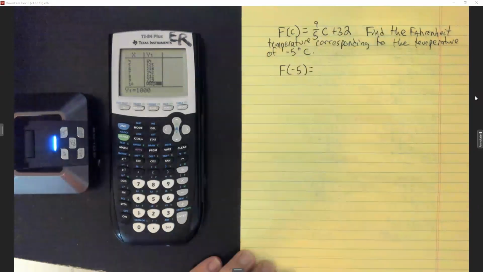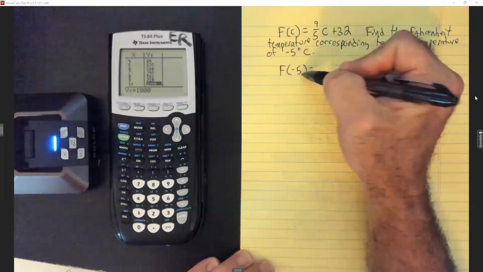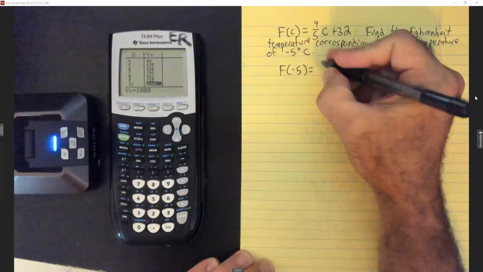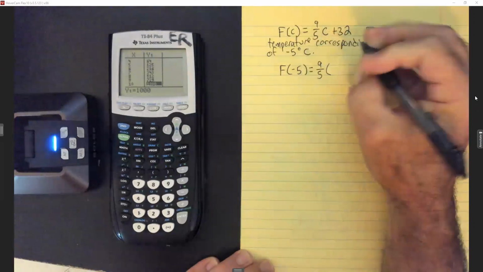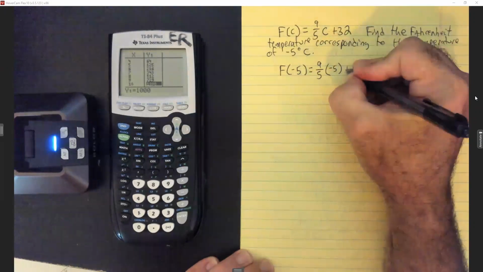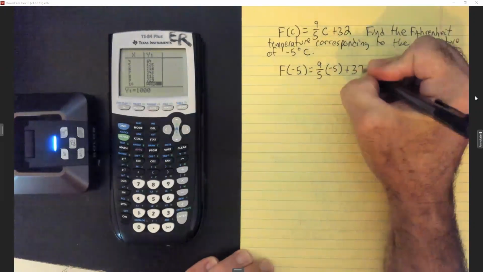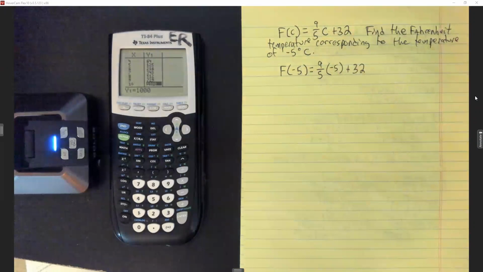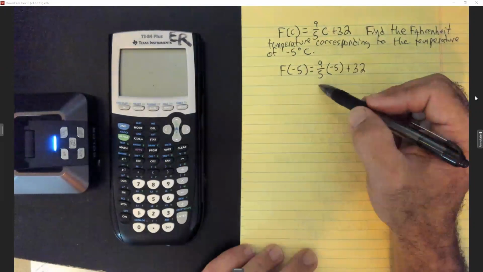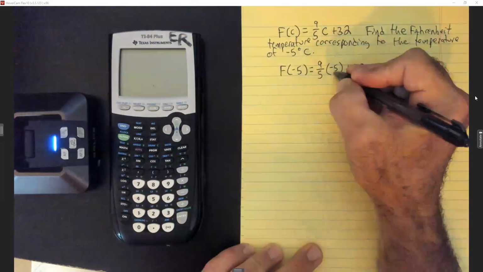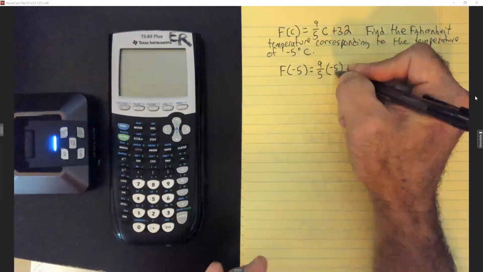So we replace the c with our -5. That gives me 9/5 times -5 plus 32. I was happy they gave me a 5 on this because it's going to cancel with that denominator when I multiply. If you want to treat it like a fraction, put a 1 under that -5.